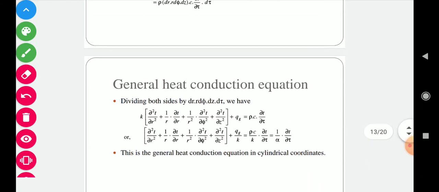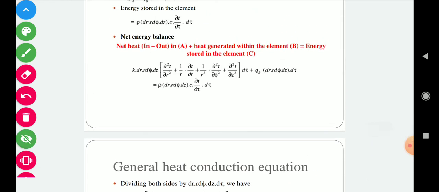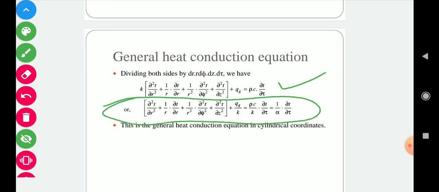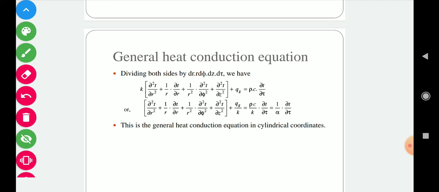If we divide this equation by dr r d phi dz d tau, then finally we get this equation, or that can be written in terms of thermal diffusivity, this one. So this is our final equation, and this is called the general heat conduction equation in cylindrical coordinates.